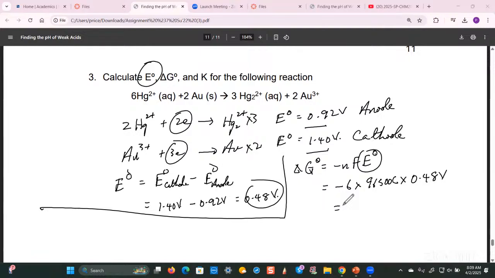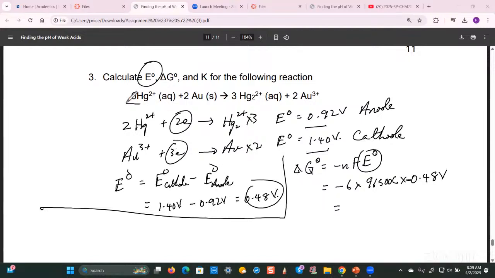Where's my calculator? Oh, I think I did it here. So when I did that calculation, the answer I got, oh, by the way, I just realized something. Okay, this should be minus 0.48, and let me tell you the reason why.